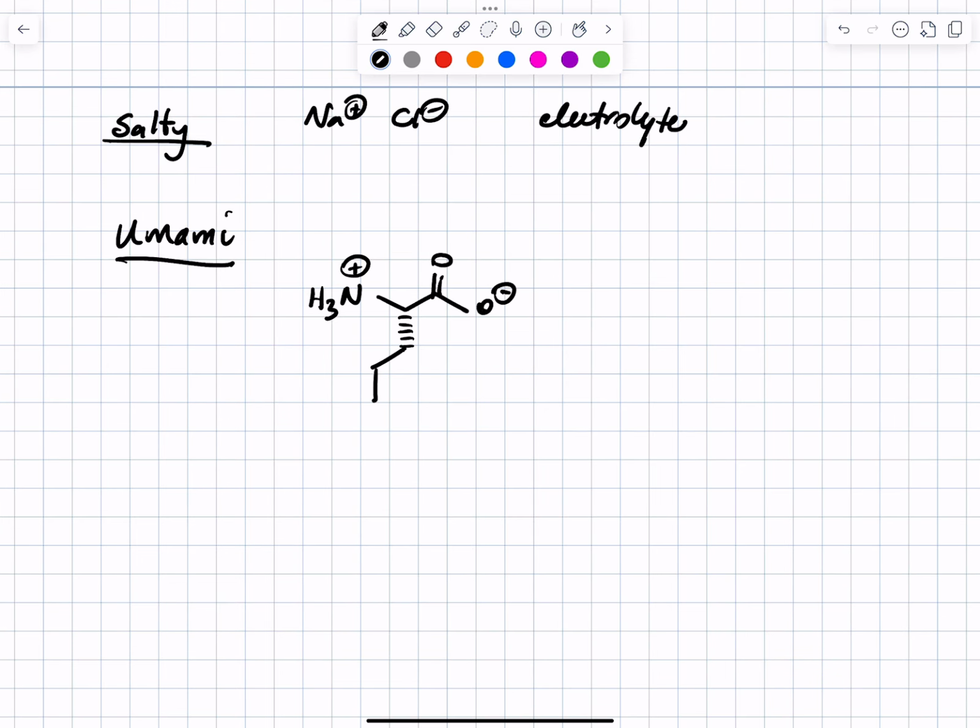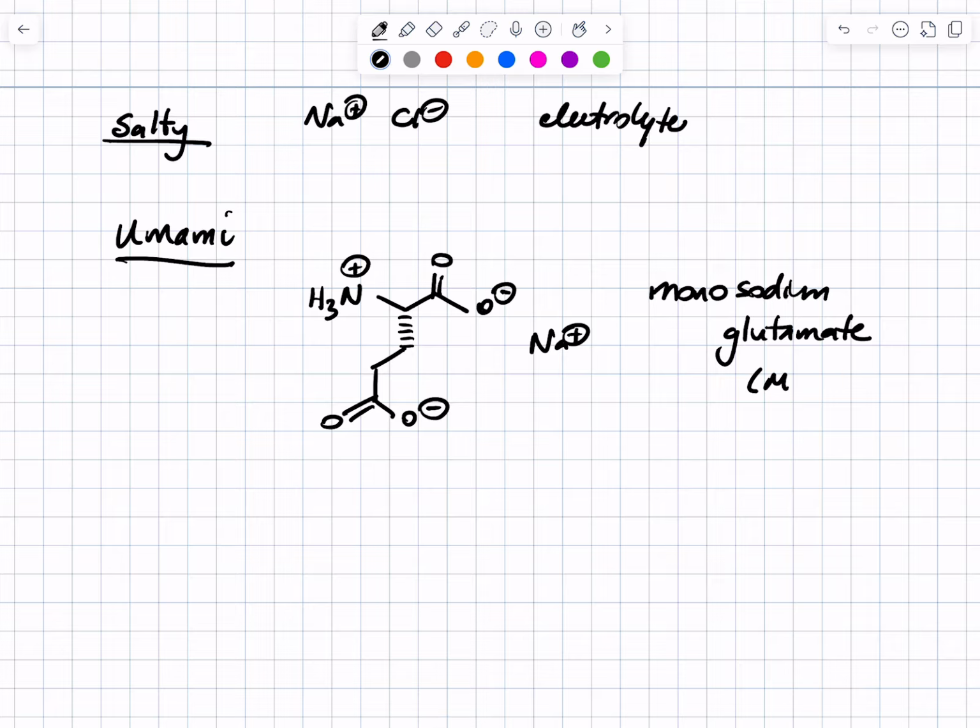It's generally associated with a couple of molecules, but most commonly this amino acid, which paired with its counter ion is called monosodium glutamate. I've shown this amino acid in the form in which it would exist at pH 7. This is MSG, if you've heard of that. And that's the savory taste of umami.